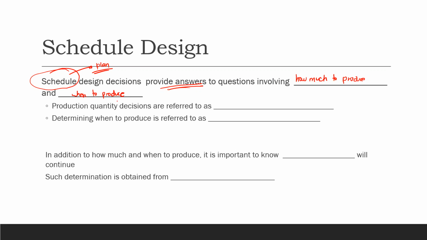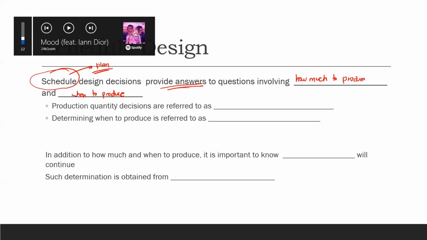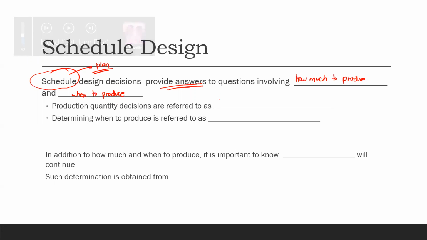So dito sa schedule design, meron tayong dalawang klaseng decisions. First one is yung tinatawag nating production quantity decisions, which are normally referred to as lot sizing decisions. So lot size, gaano kadami, yun yung quantity. How much do we need to produce? Okay?